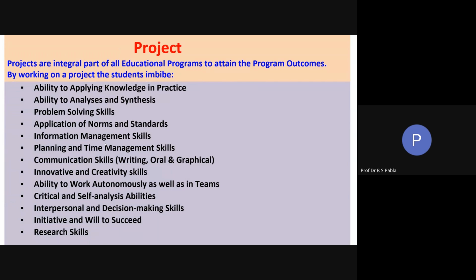That means the presumption is that we have already given enough inputs to the students, and by applying those skills and knowledge, the students will be able to develop a product. Ability to analyze and synthesize. The student will be able to do the analysis of things.